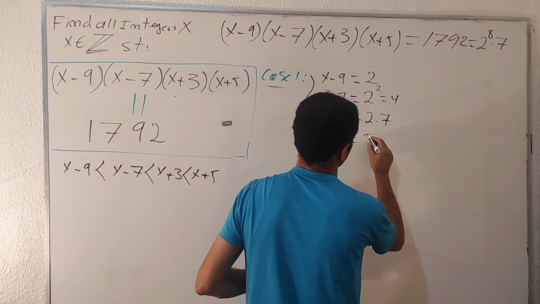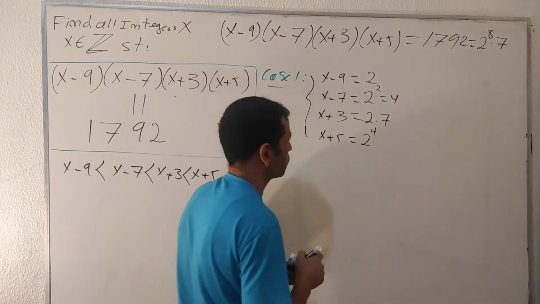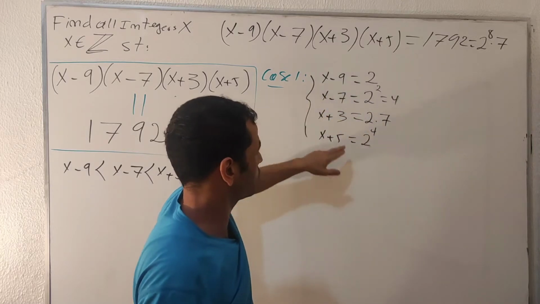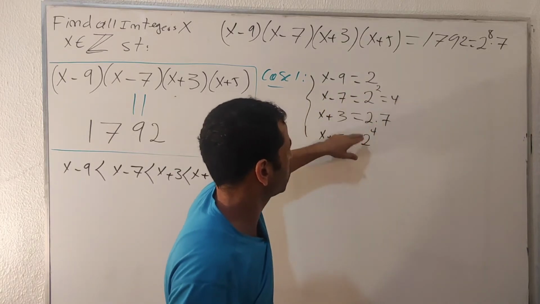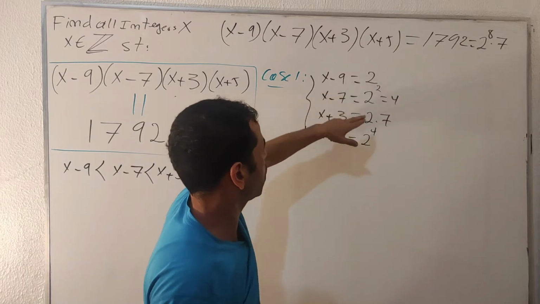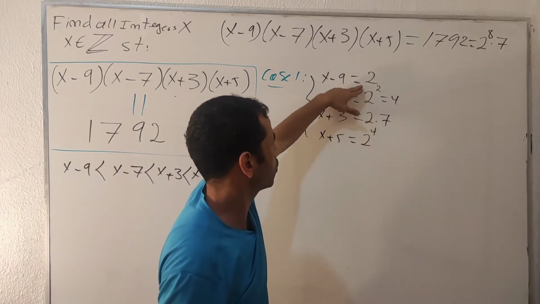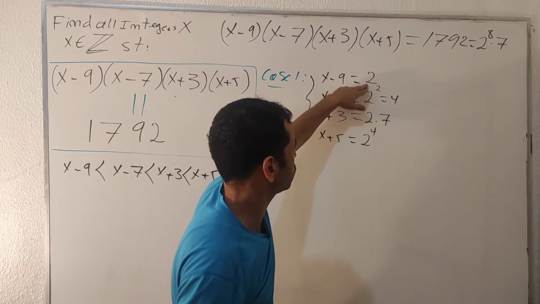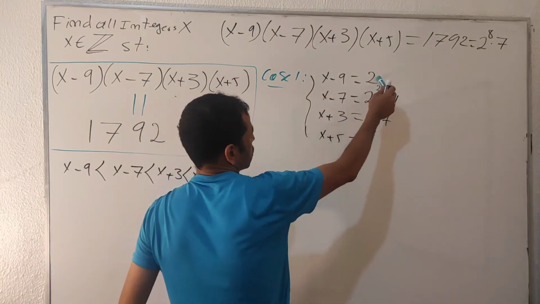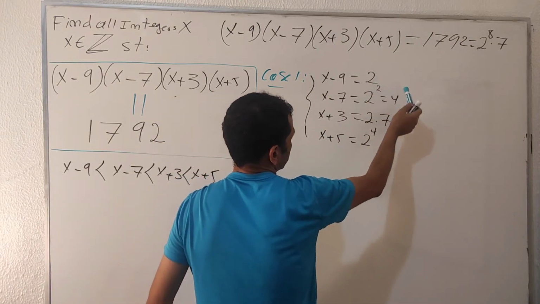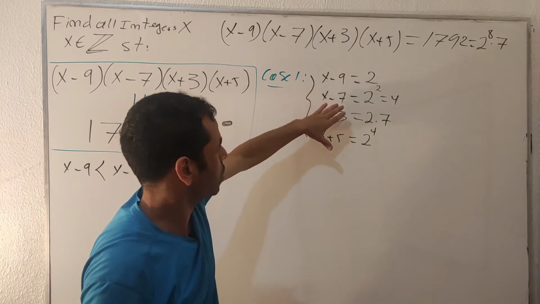Lastly, I get 2 to the 4th. We cannot have any other form. If you make any change here, you will have a problem. We have to keep these in order. If you try to increase this one up to number 4, you will have a problem here.